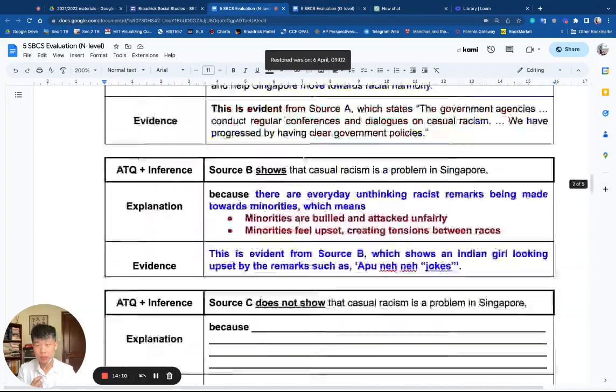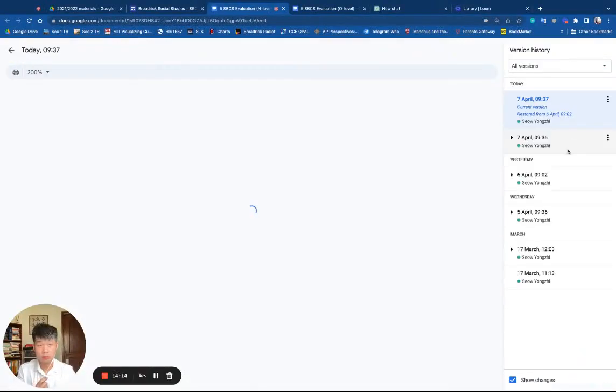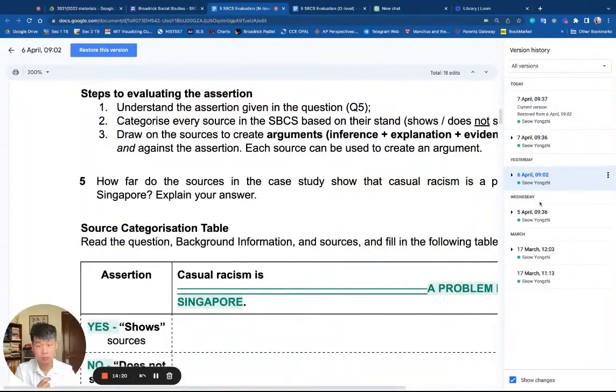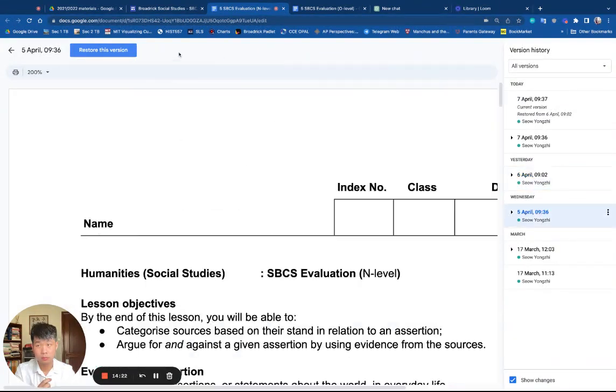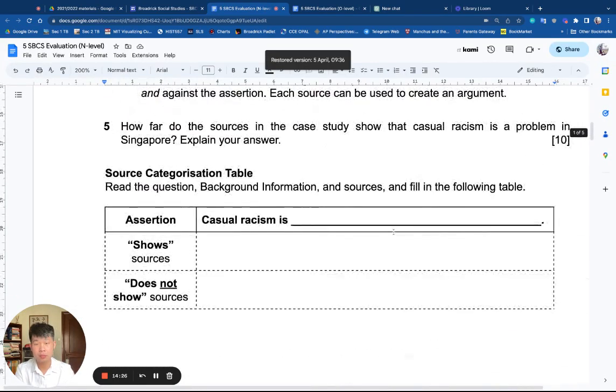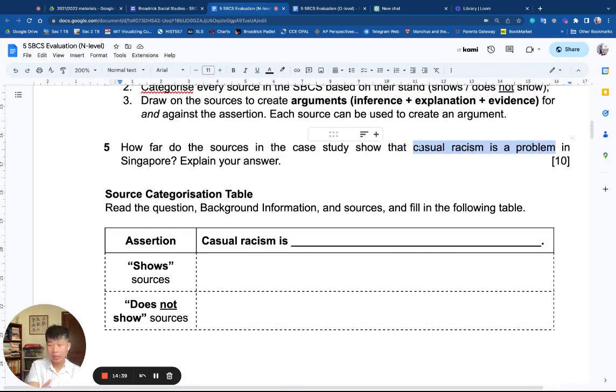For ease of comparison, I'm just going to show the N-level again. The N-level was, how far do sources in case studies show that casual racism is a problem. I drew out the assertion from the question. From the question, I pulled out the assertion.